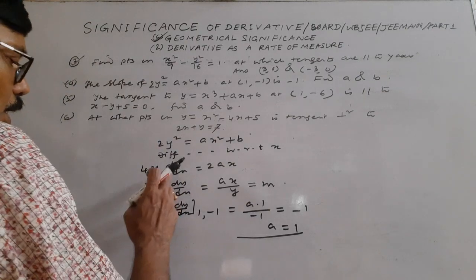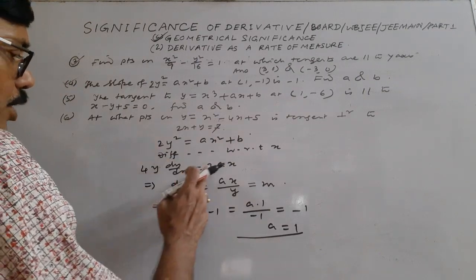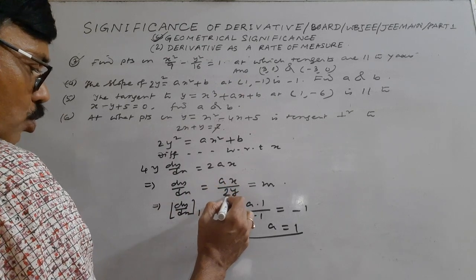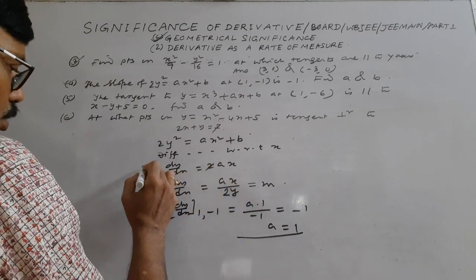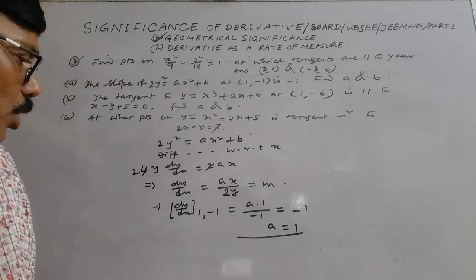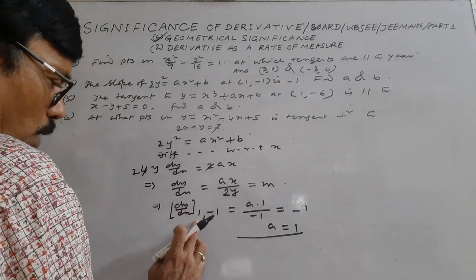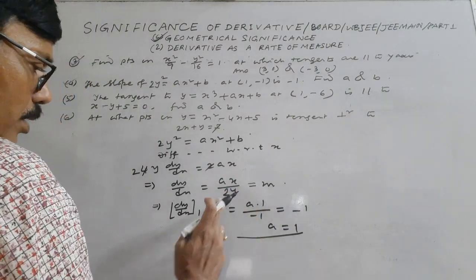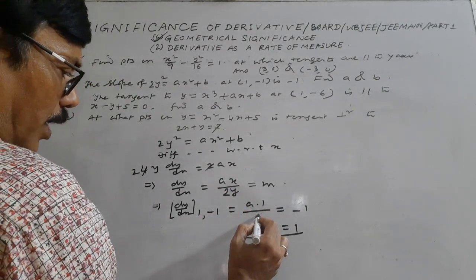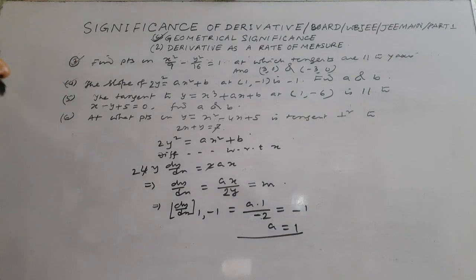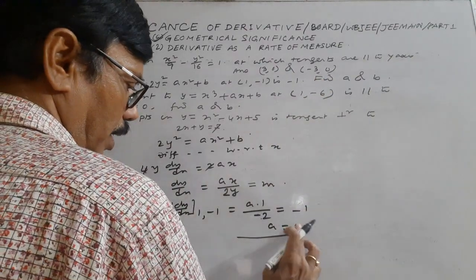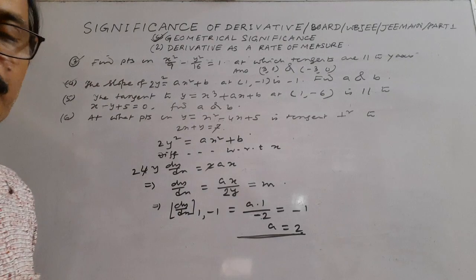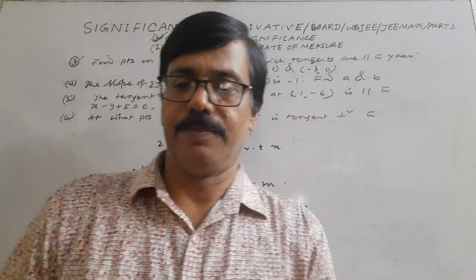Look, 4y dy/dx equals 2ax, so dy/dx is ax by 2y. Sorry, dy/dx at (1, -1) is a into 1 over 2 into minus 1, so this is -a by 2. And the slope is -1. So you get a equals 2.